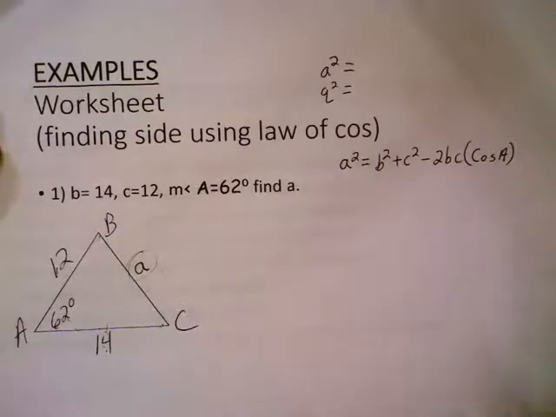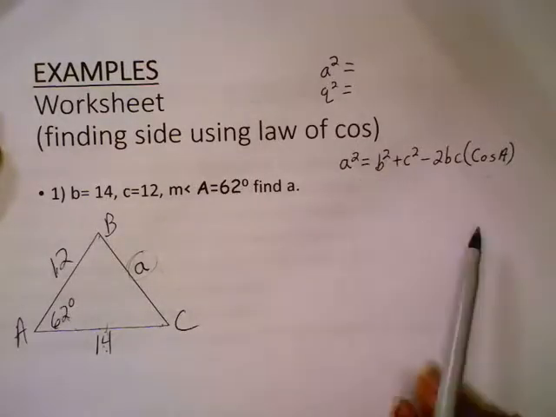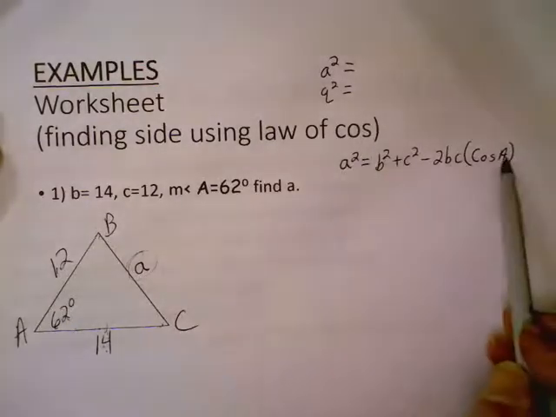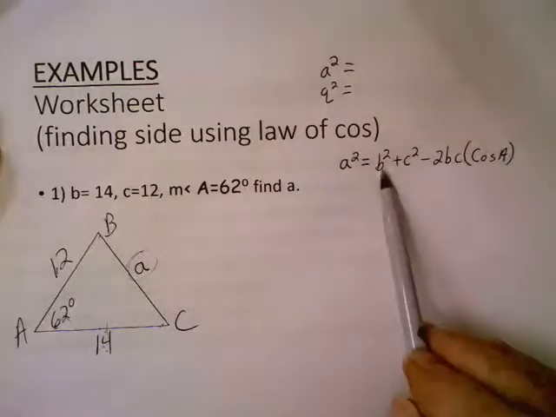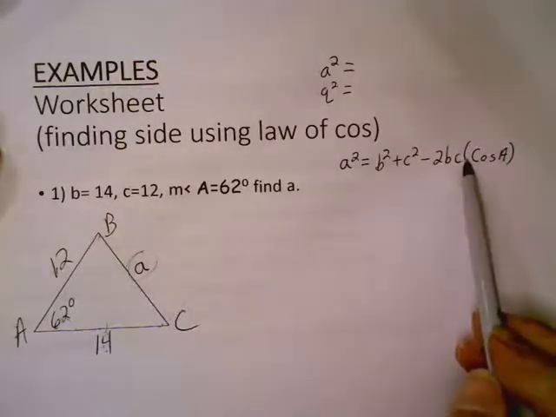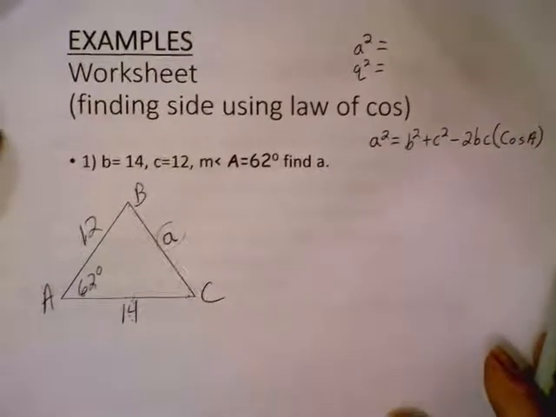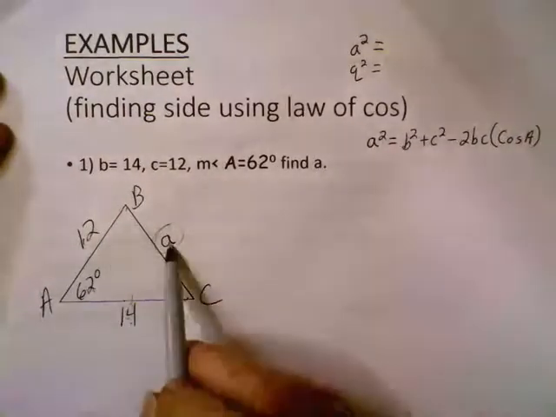It could be any letters in there. But this little a is always going to have a big A on the other end, and the B and C here are always going to be the same as the two here. So that's my formula.